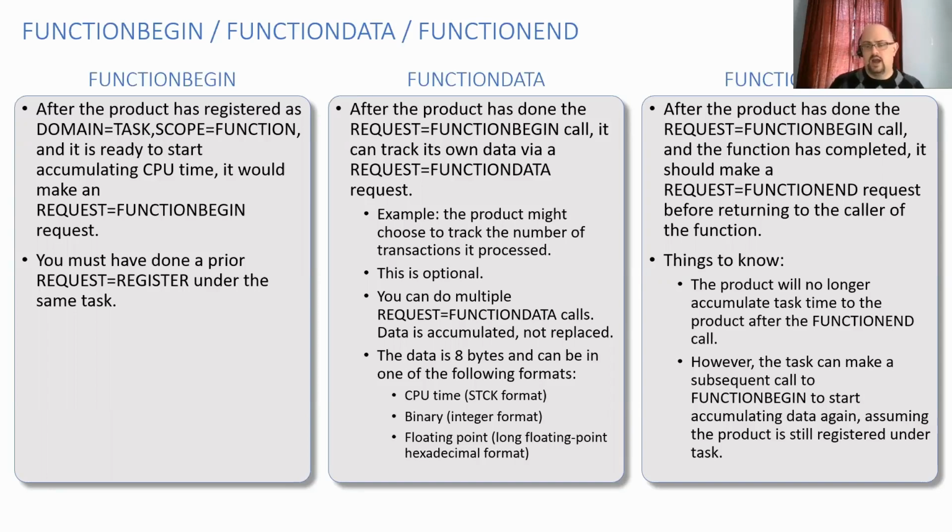And I've probably hinted around about it, but here's the point where I'll say, unlike the address space and the task registration, our task scope equals all registrations, doing a registration for a scope equals function request does not automatically cause CPU time to start getting tracked. You actually have to do the function begin to start tracking that.